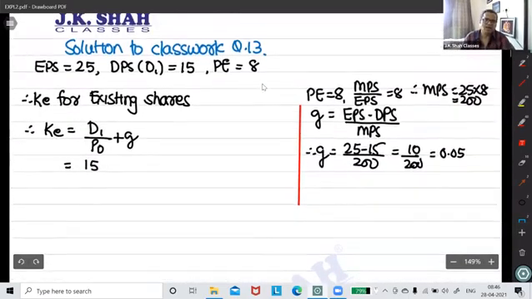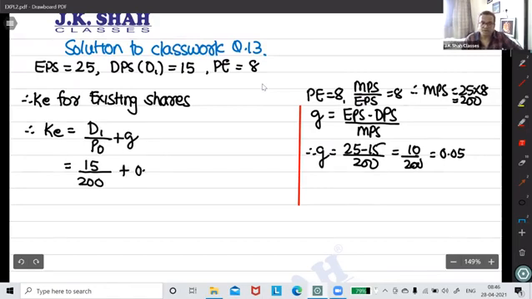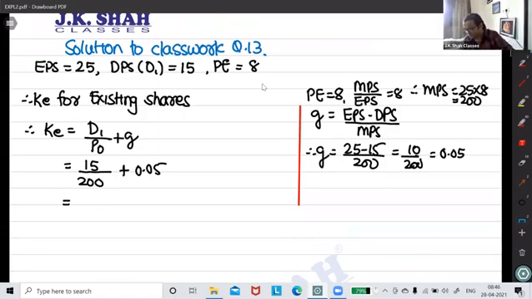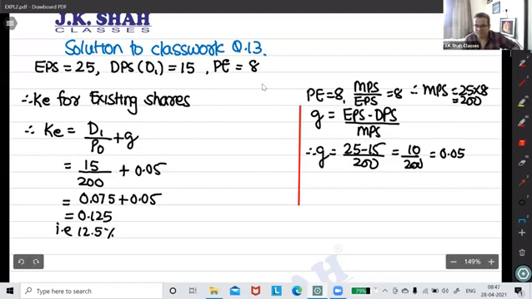Okay guys, listen to me carefully. This is an expected dividend only. Already D1 is given, so don't add further g to this. Upon P0, how much? 200, plus a growth of 0.05. So 15 by 200 will be 7.5%, so 0.075 plus 0.05 is 0.125, that is 12.5%.